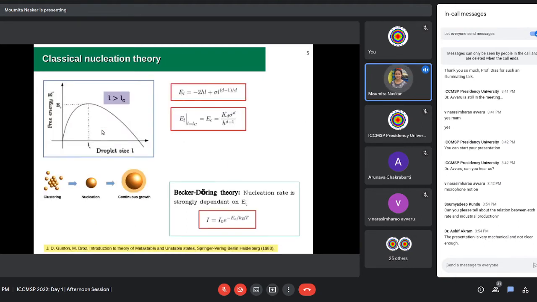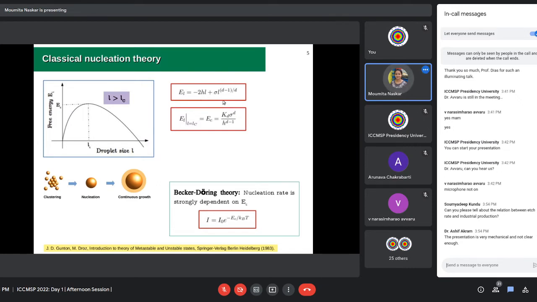Okay, now how does this metastable state decay to the stable state? That is nicely explained by the classical nucleation theory, which assumes that the free energy for the formation of droplets of down spins in the sea of up spins is formed of two terms: the bulk energy term and the surface energy term.